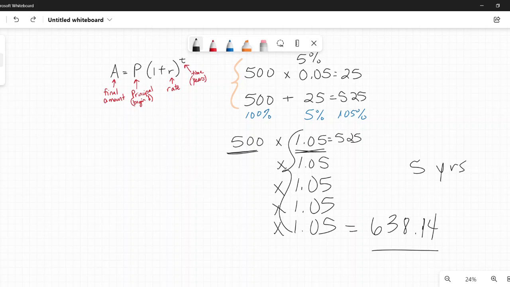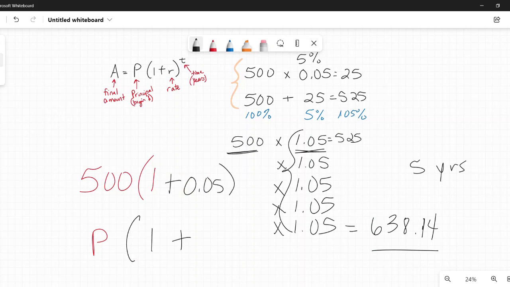Let's look at how this ties into the formula. What I did was I took the beginning, or my principal, I multiplied it by 1.05, which is the same as 1 plus 5%. And then I multiplied 1.05 5 times, 1.05 times 1.05.